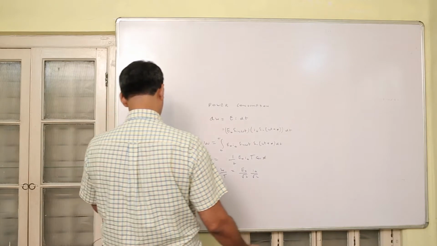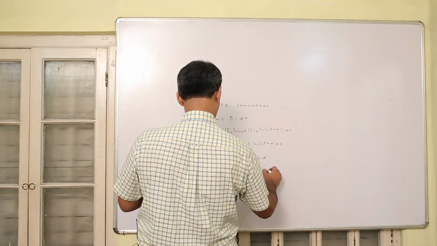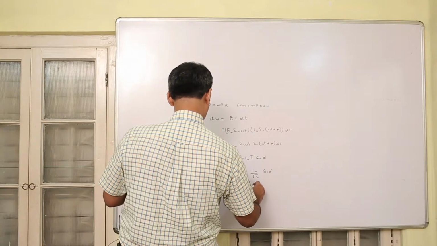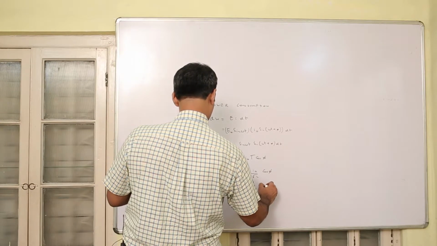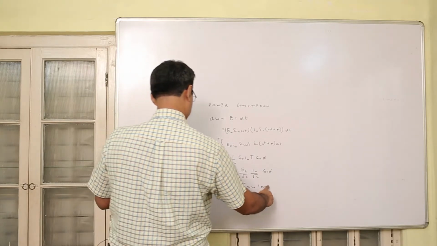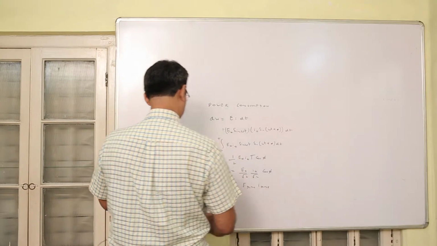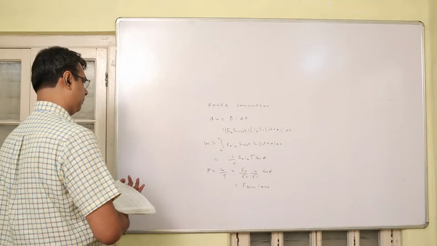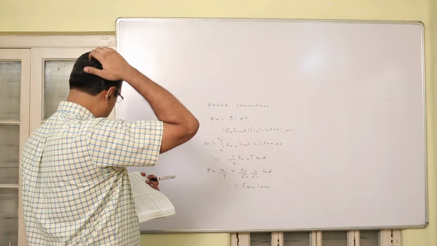So E0 by root 2, I0 by root 2, into cos phi. So that means the power consumed is ERMS into IRMS.